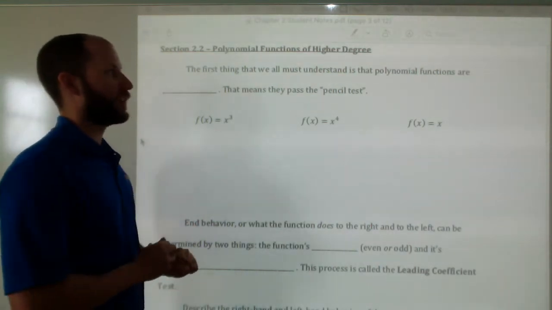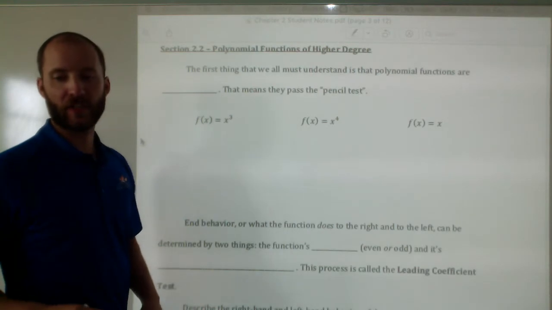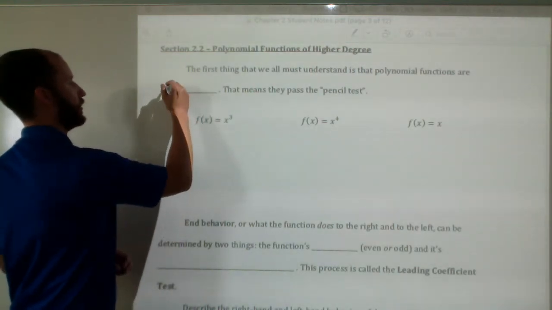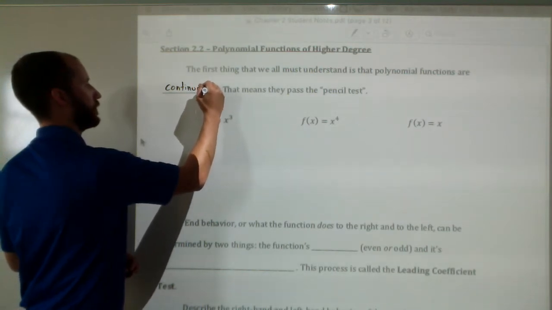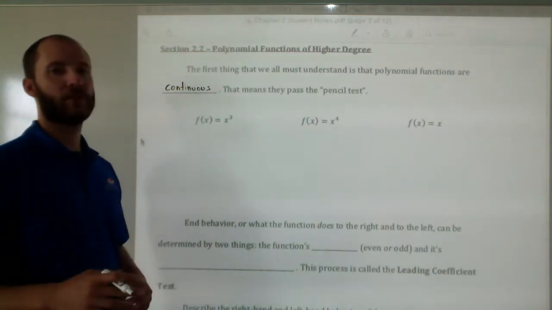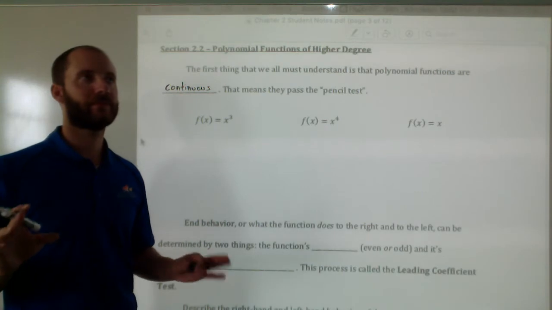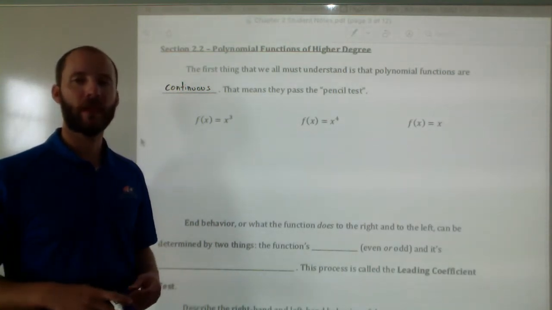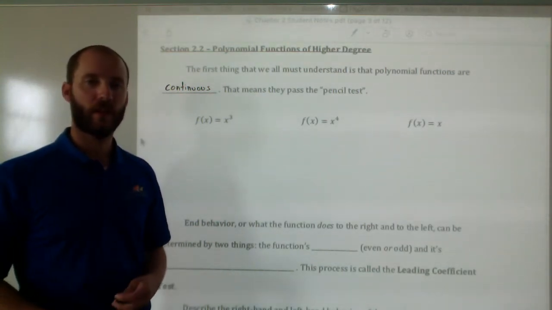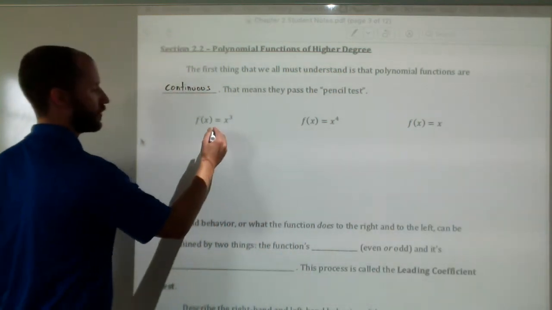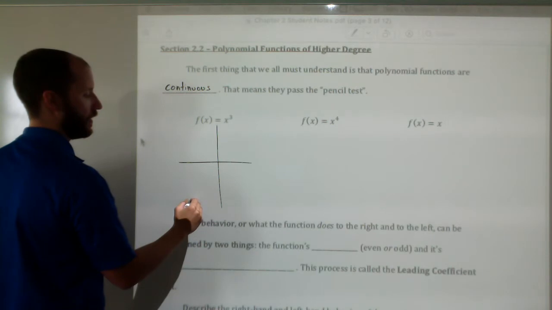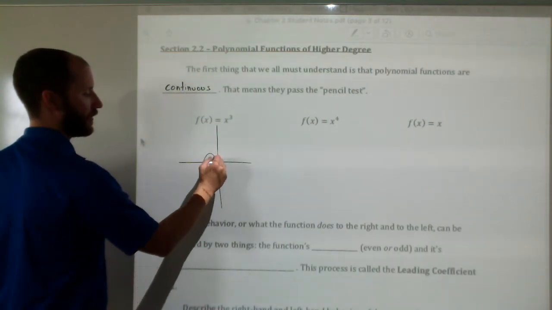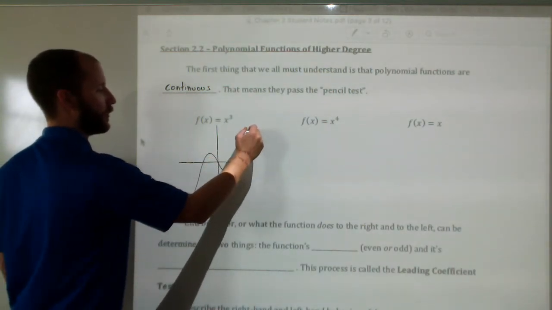The first thing we have to understand: polynomial functions are continuous. Informally, that's called the pencil test, which means when you go to draw x to the third, I never have to lift the marker off the whiteboard.